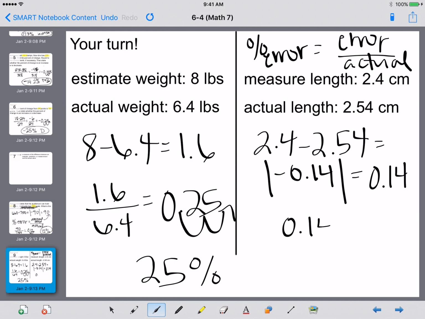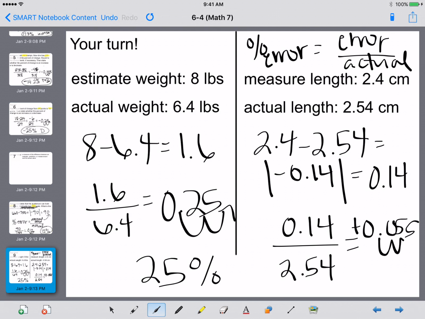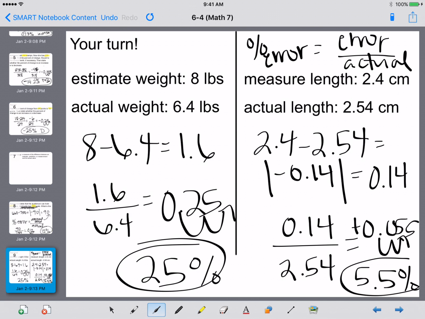So your error was 0.14 over the actual amount of 2.54 to get positive 0.055. Move the decimal over 2 places, and you get 5.5%.